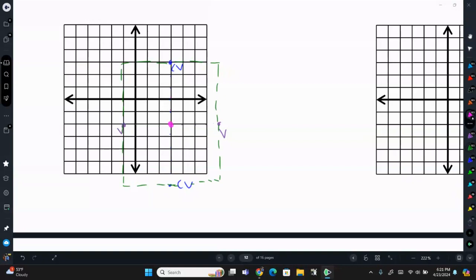Then our asymptotes go through the center of the hyperbola and the corners of our dotted rectangle. So it's going to look like this. Now the actual hyperbola part goes from our vertex and it gets closer and closer to each asymptote.